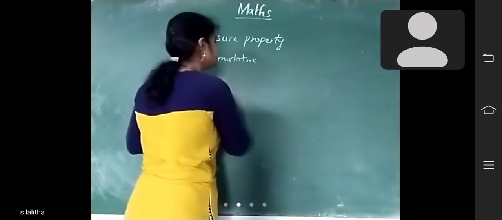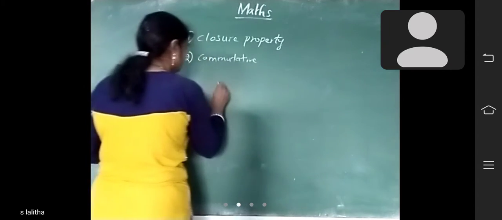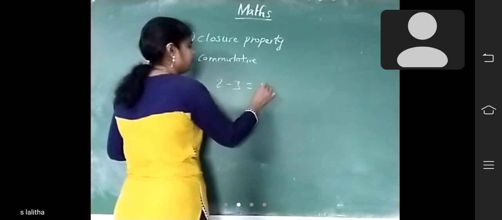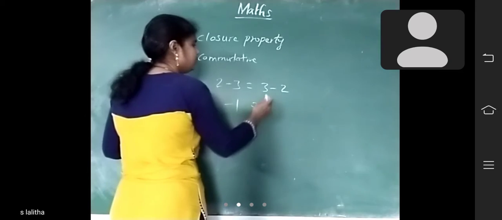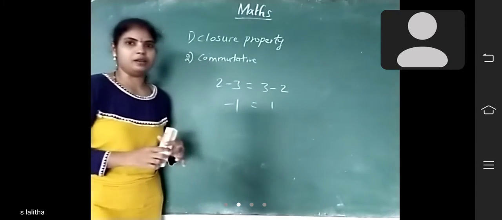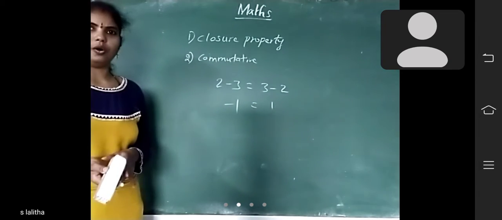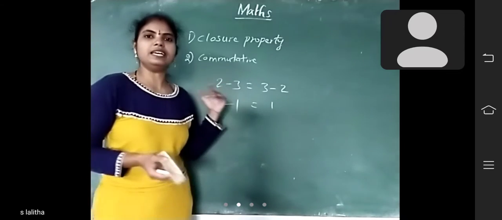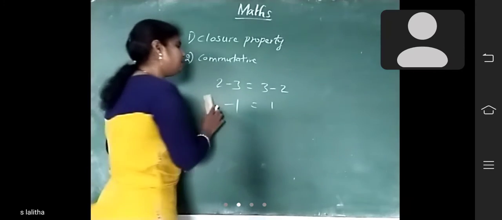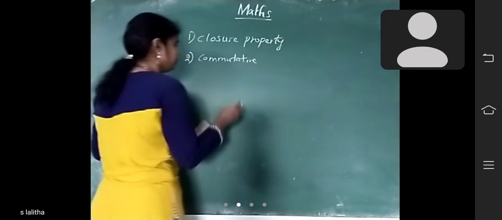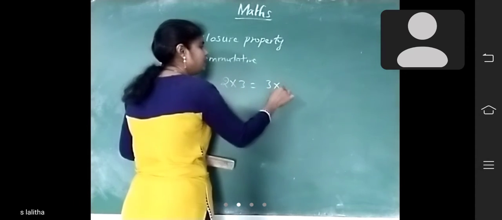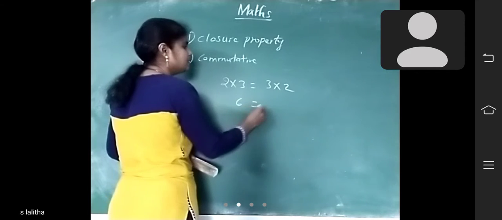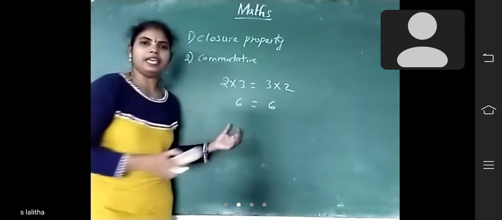Is it possible on subtraction? Let us check it. 2 minus 3, 3 minus 2. 2 minus 3 how much? Minus 1. 3 minus 2, plus 1. Both are equal, children? No. So it is not satisfied under subtraction. And multiplication? 2 into 3, reverse the order, 3 into 2. Both are 6. Both are equal.